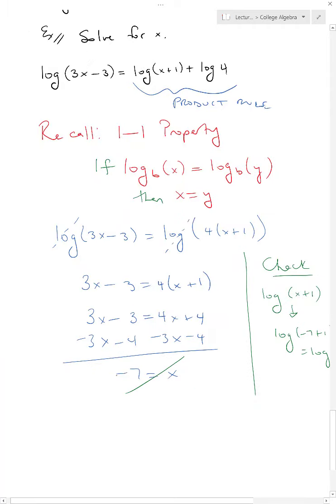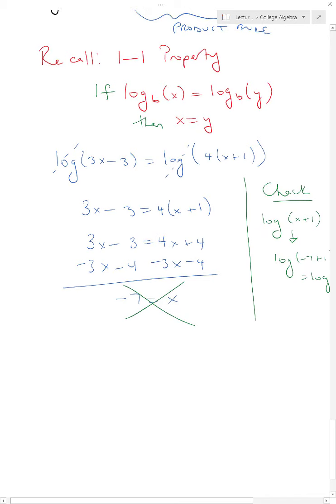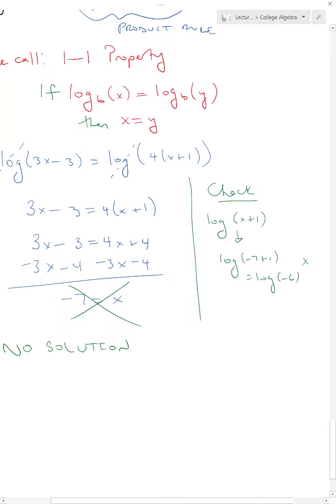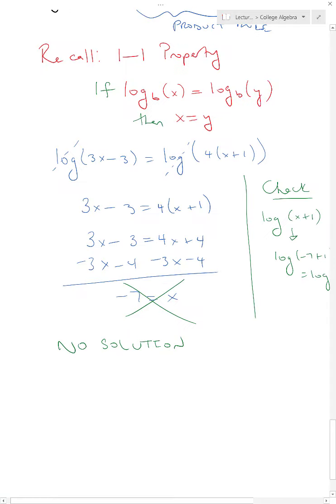And so that means that this answer is eliminated and there are none left. So once again, if you wrote down that x equals -7 is a solution, that would be incorrect. There is no solution here, simply because -7 is not in the domain of this problem. And so no answer in the domain of this problem works.